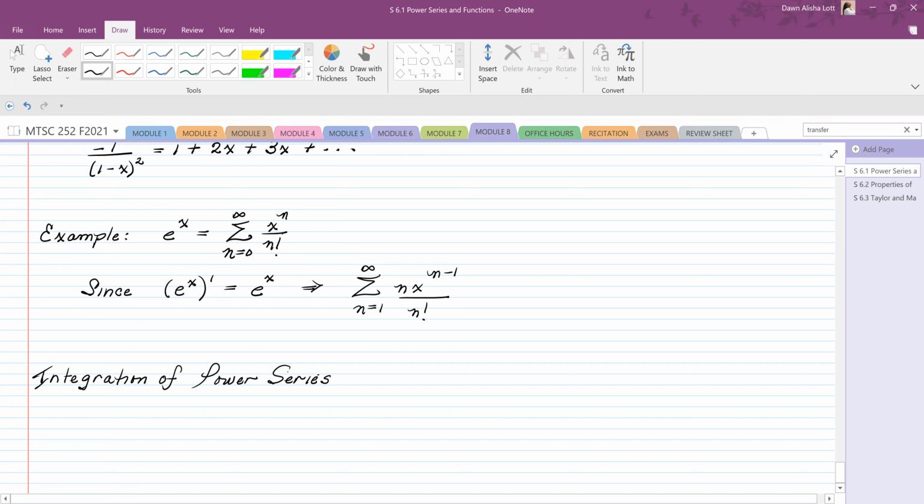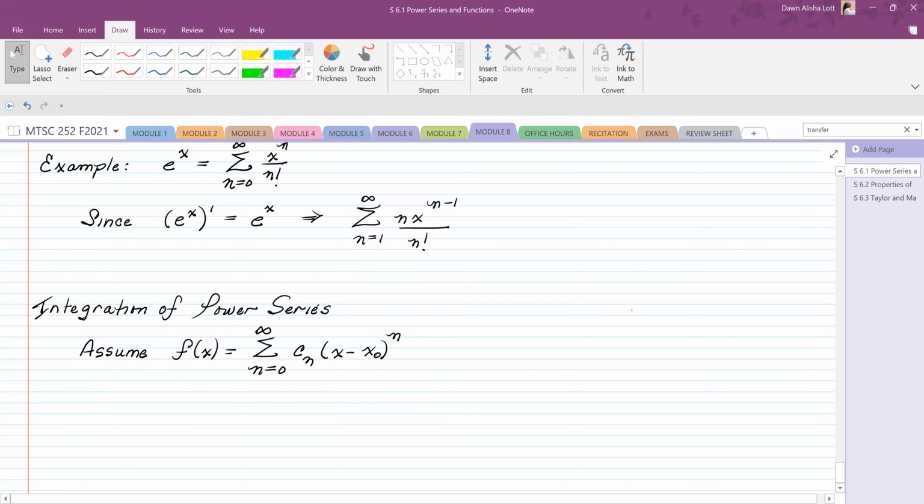Okay, so integration of power series. We're going to again assume f of x equal to the sum n equals 0 to infinity of c n times x minus x naught to the n converges for the absolute value of x minus x naught less than r.